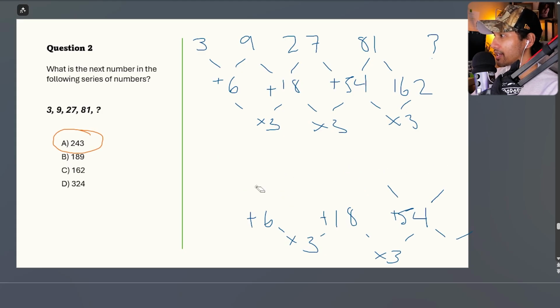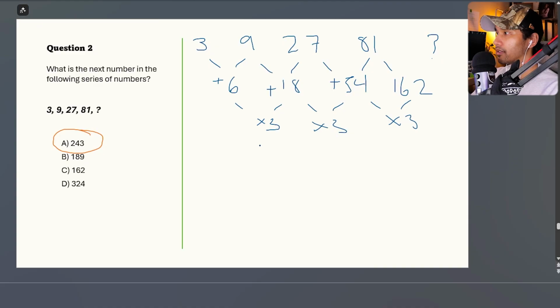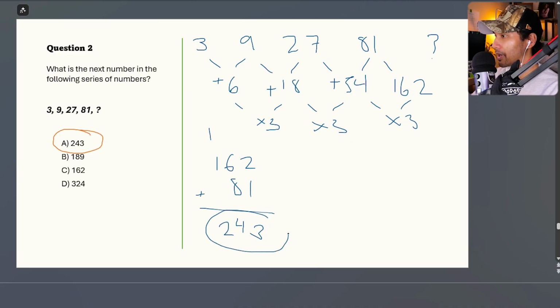Let's pretend we didn't have a calculator and just do the math. 162 plus 81, that's 3, that's 4, 1, 243, and you get the same answer. You could do it that way, but it's longer, okay? You just figure out from the get-go that it's multiplied by 3 between each term. So much easier that way.